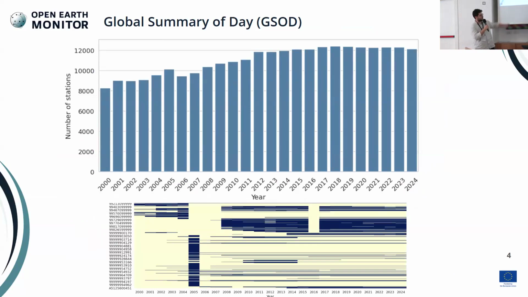The number of stations per year covered by GSOD is quite homogeneous after 2000, but before that it is much worse. So the period we are interested in is quite well covered.